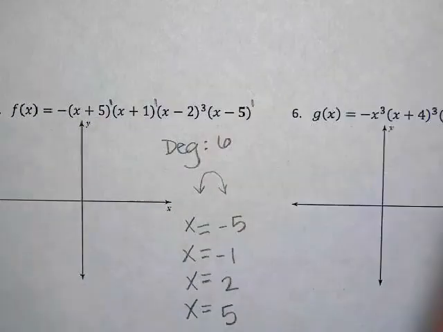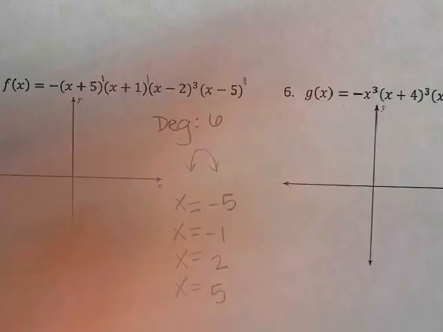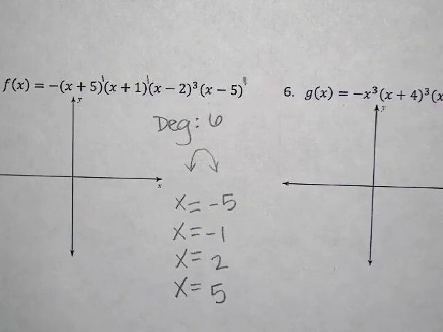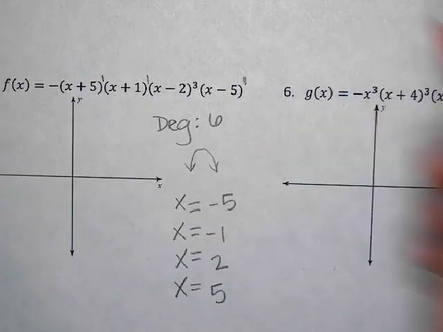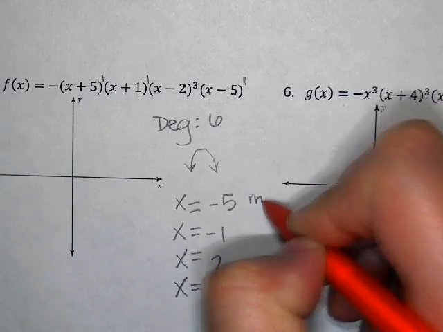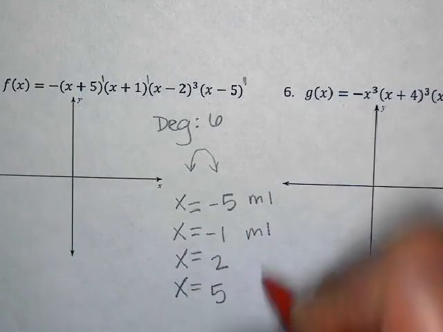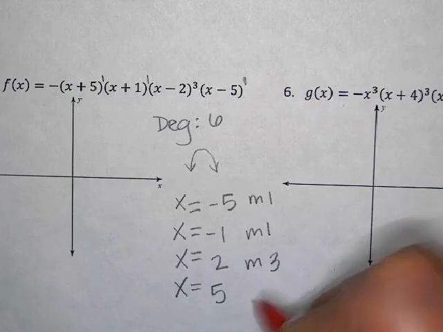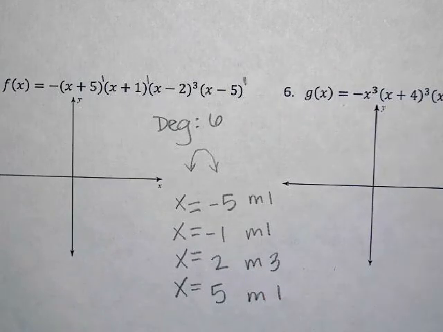And then for each x-intercept, we have to write down what the multiplicity is. There is no 0 because there's no x in the front. Yeah, so there's only a 0 if there is an x.